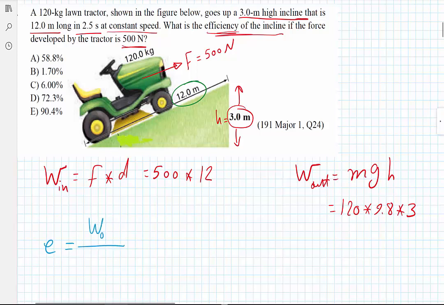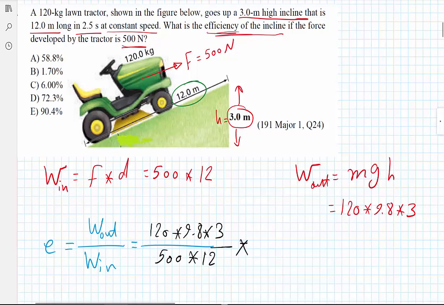The efficiency equals the output work over the input work. 120 times 9.8 times 3 divided by 500 times 12, times 100 to get it as a percentage. So the result is 58.8%.